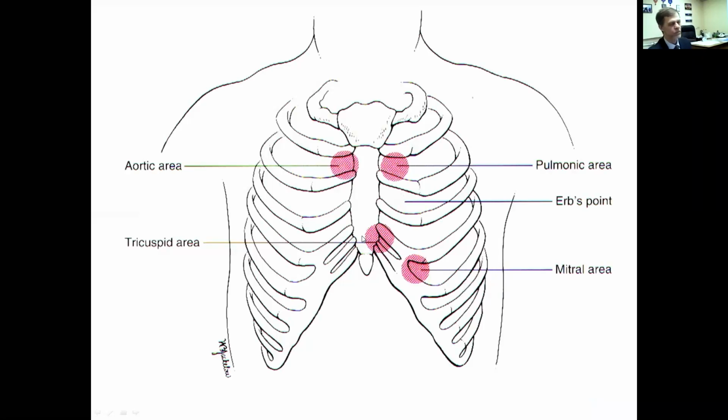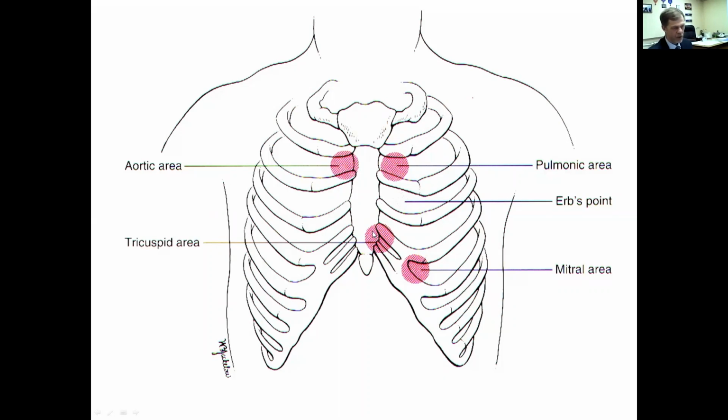So again, auscultatory areas. Let's show this picture. Mitral area, where we can examine the mitral valve: this is the fifth intercostal space, 1-2 centimeters medially from the mid-clavicular line. Aortic area, second intercostal space, right sternal body. Pulmonic area, second intercostal space, left sternal body.